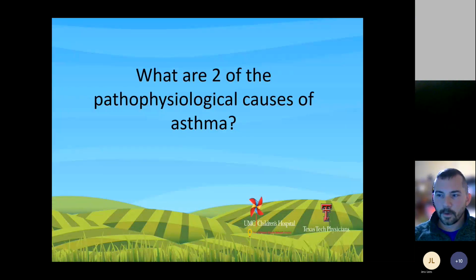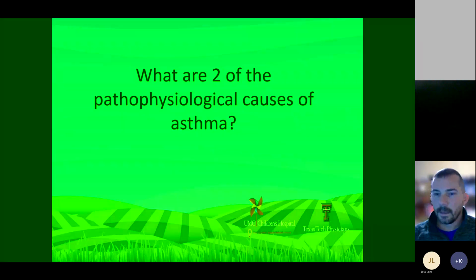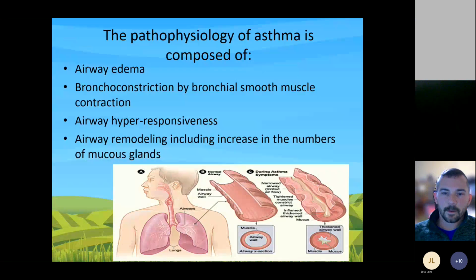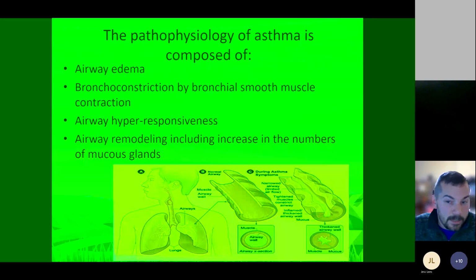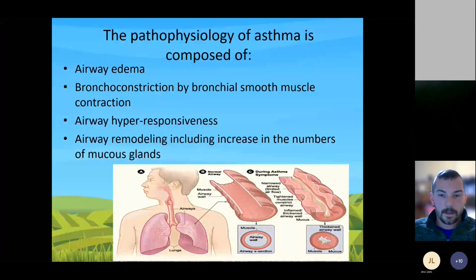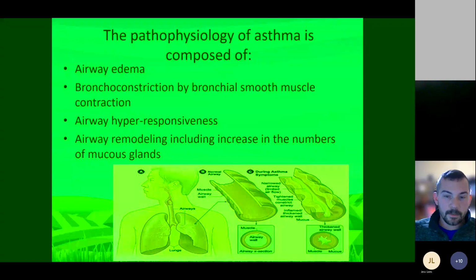We'll go real briefly over some pathological causes of asthma. The pathophysiology of asthma is composed of airway edema, right? The airway is swollen. It's chronic edema.